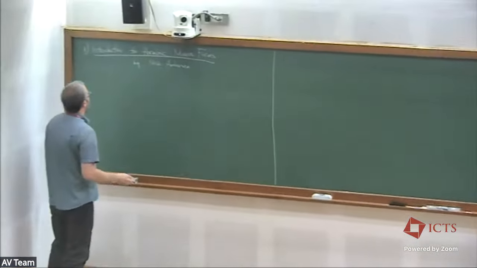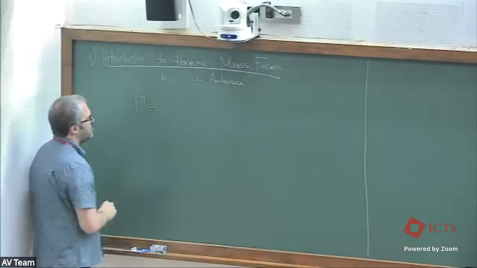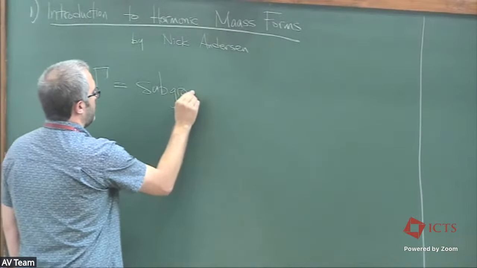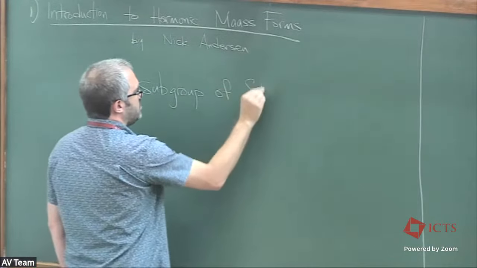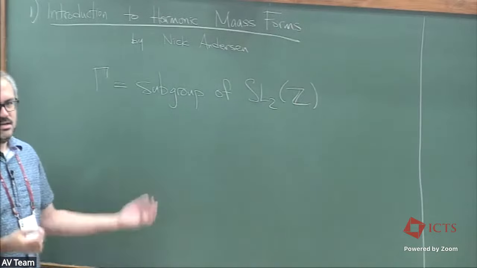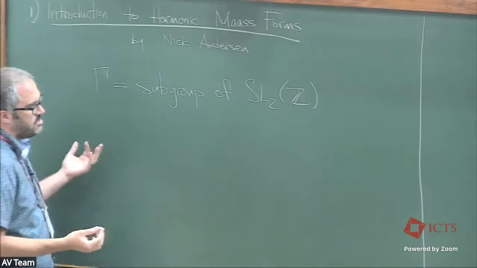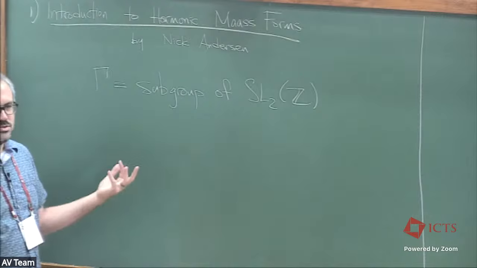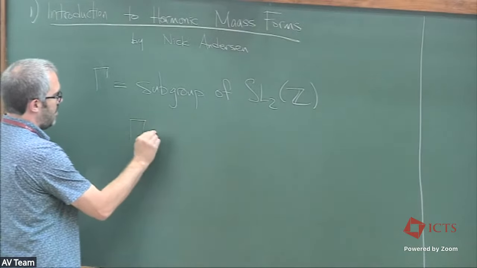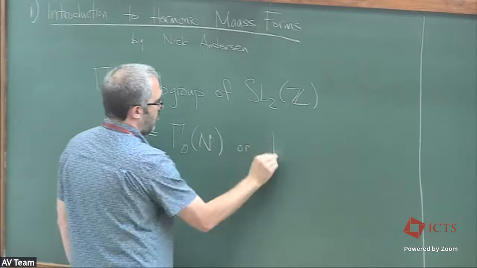Let's start by picking a group, gamma, which is going to be a subgroup of SL2Z. Let's say it's a finite index subgroup, a congruence subgroup even. For the purposes of all of my talks, these groups are always going to be one of two forms: gamma 0 of n or gamma 1 of n.